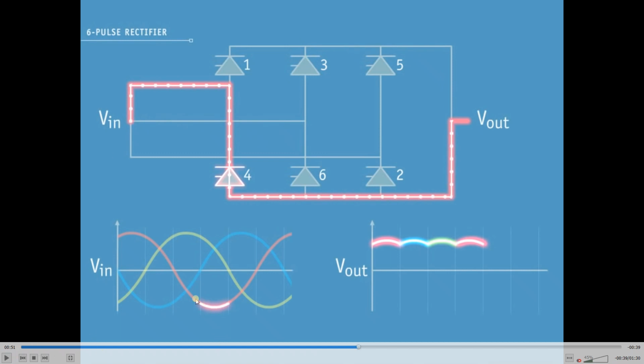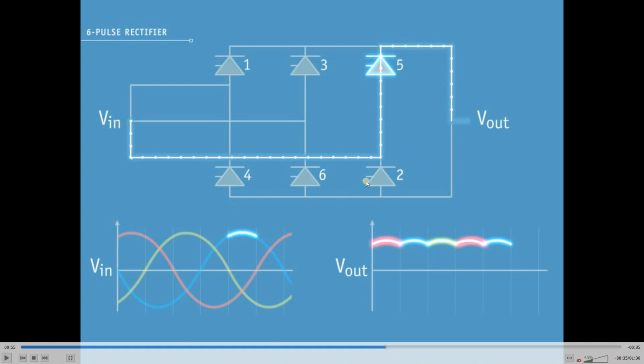Now see, this is negative. In the fourth segment, the negative peak value of red is there. That is why thyristor 4 is being reverse biased, because of the negative amplitude. So you are getting the rectification of the fourth segment. In the fifth, we have blue, so the blue phase is again rectified.